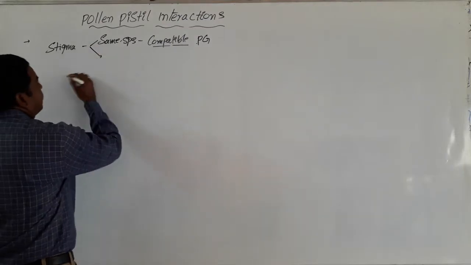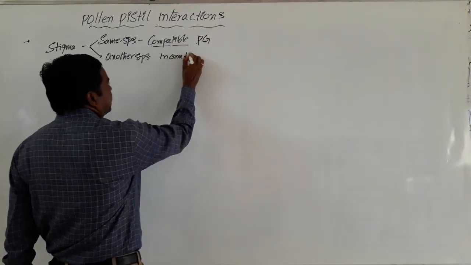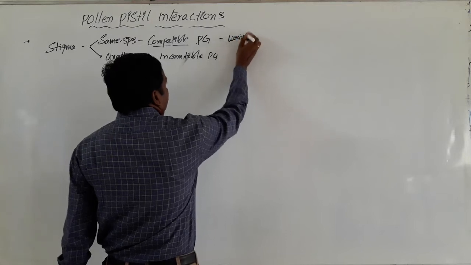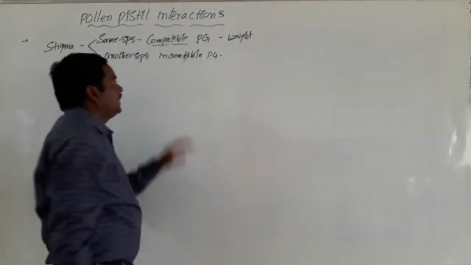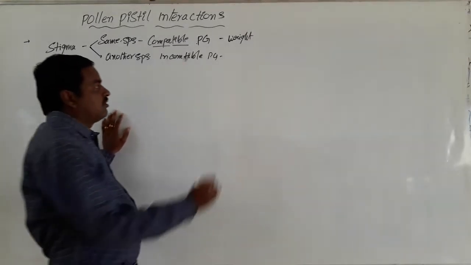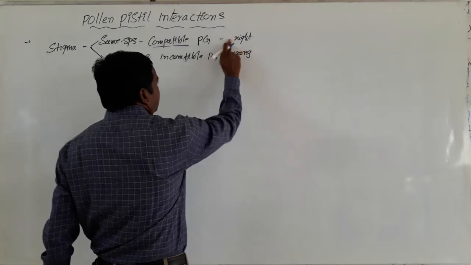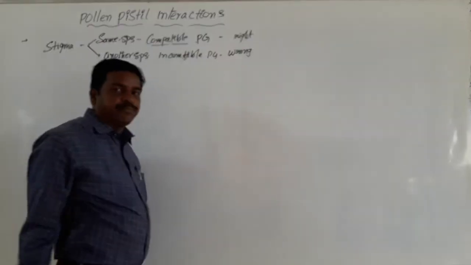At the same time, pollen grains of another species are considered incompatible. They are called incompatible pollen grains. These compatible pollen grains are called the right type of pollen grains, and incompatible pollen grains are called the wrong type of pollen grains.